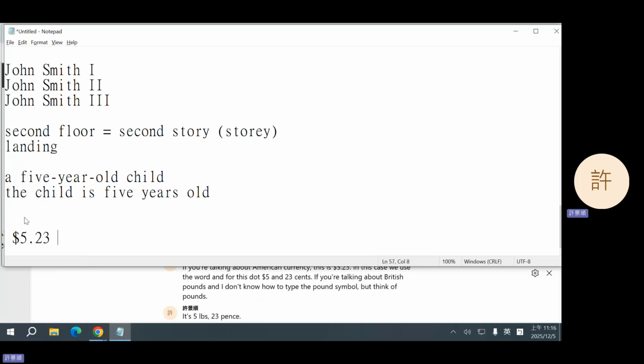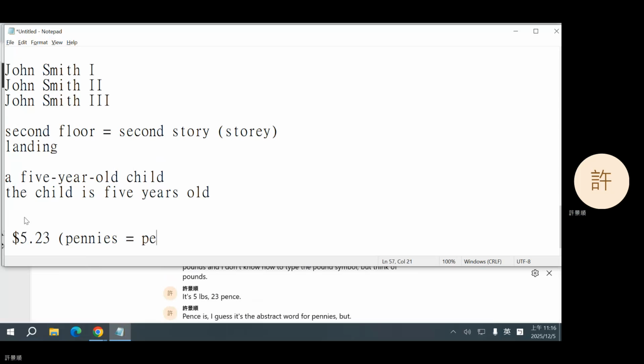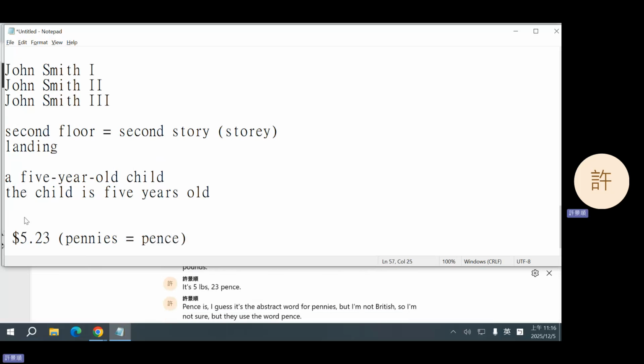Pence is, I guess it's the abstract word for pennies, but I'm not British, so I'm not sure. But they use the word pence. Finally, if you're talking about euros, and again, I don't know how to type the euro sign, but then this would be €5 and 23 cents. We go back to cents again.